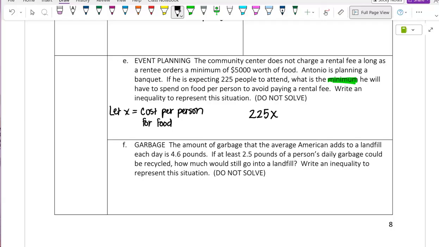And I need that to come out to be a minimum of 5,000 or greater than or equal to 5,000. So greater than or equal, because I need an amount that I'm charging per person so that I'm ordering at least $5,000 worth of food.